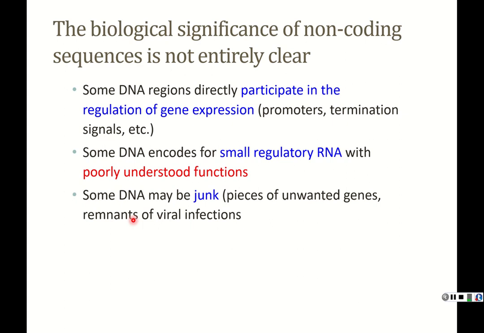And some DNA may just be what we would refer to as junk: pieces of unwanted genes, remnants of viral infections, things that are just left over from a different time but have been incorporated into the genome. And maybe evolutionarily there's a benefit to having this junk DNA around.